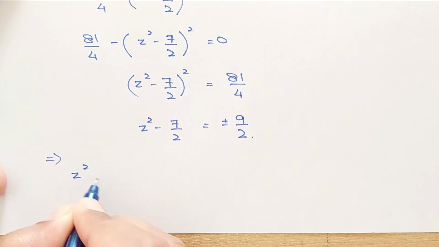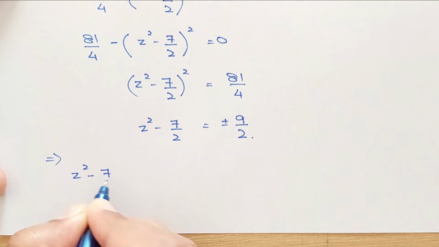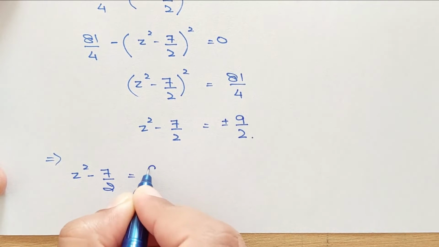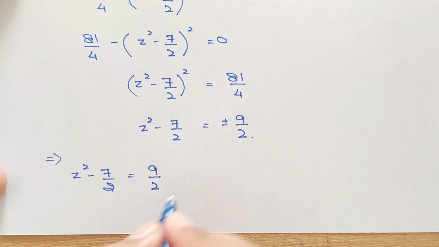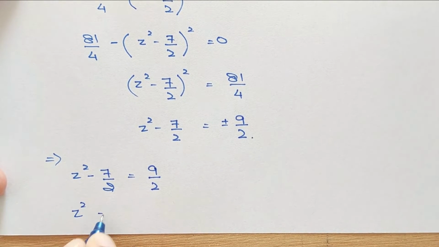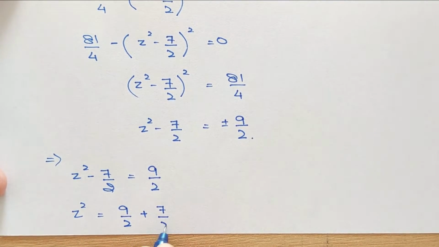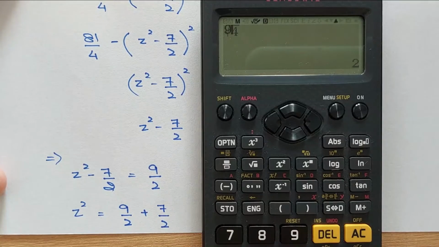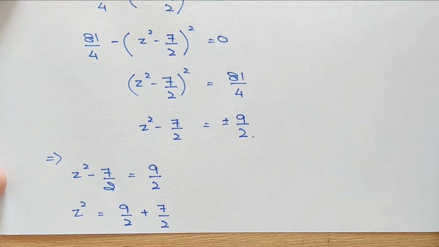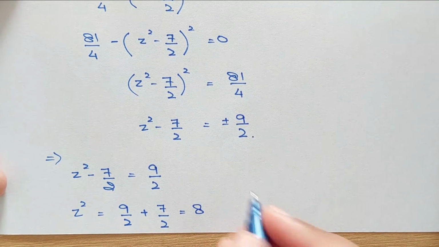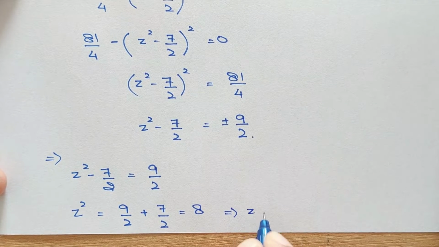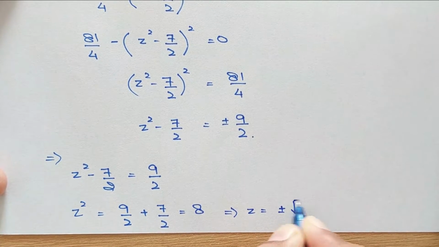So we can say z squared minus 7 by 2 equals 9 by 2. Right, so from here z squared equals 9 by 2 plus 7 by 2. So 9 plus 7 divided by 2 is 8. So z squared equals 8, and the value of z is plus minus square root of 8.